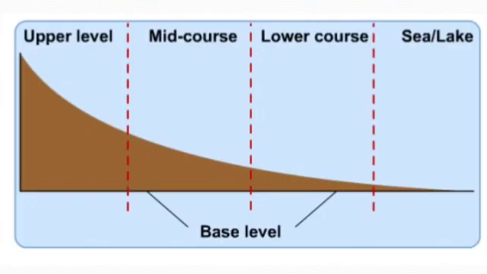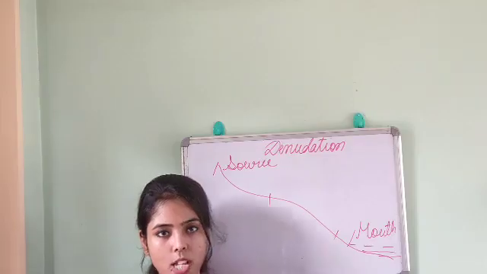And at the last moment, when the river reaches the plain region, the erosional as well as the transportation power of the river will be completely low. Then only one thing the river will do: it will start depositing materials. And this course is known as the lower course.